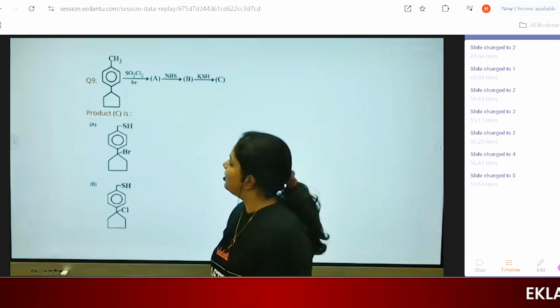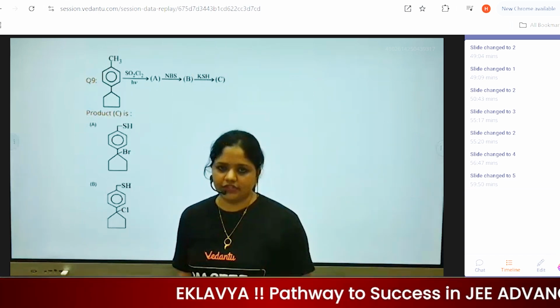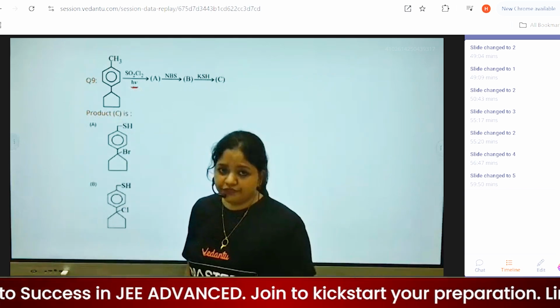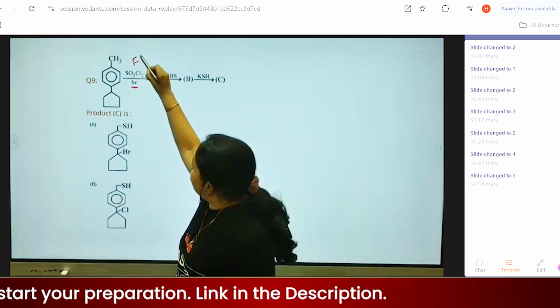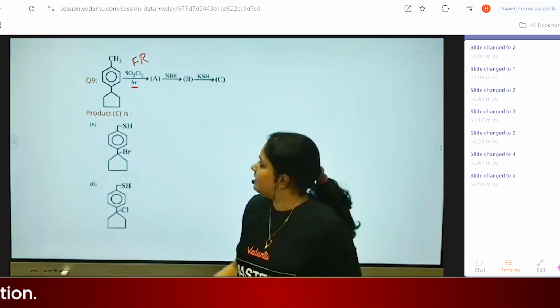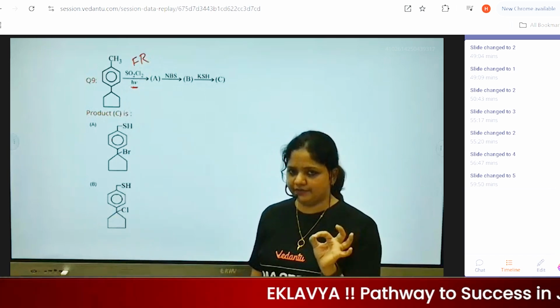Let's see. First one, SO2Cl2. SO2Cl2 is a chlorinating agent, and that too in presence of h nu. h nu is a hint that this will undergo a free radical mechanism. So where will the chlorine come and attach? To the more stable carbon free radical.